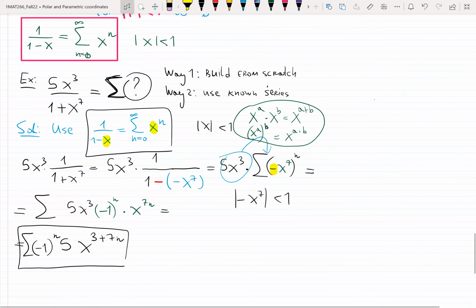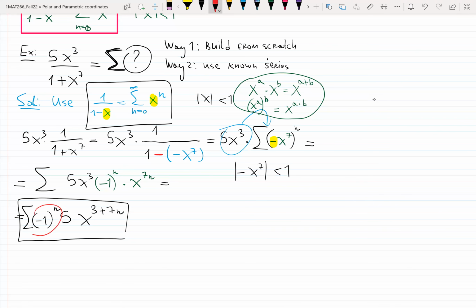So that's what we want to do. Use a known series to create a new one. And then we introduce the table of other functions. So sine, cosine, e to the x, and so on. Alternating negative, yes, let me write it down. Thank you for pointing this out. Minus 1 to the n gives you the understanding that this is an alternating series, which means it changes sign.